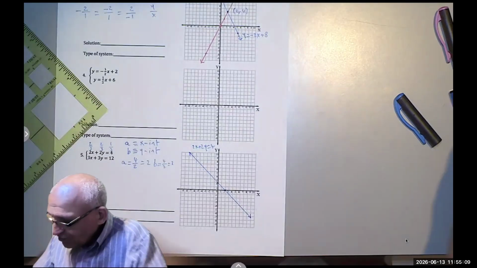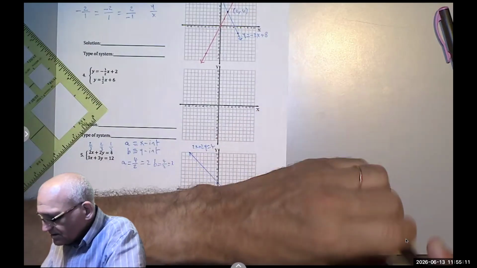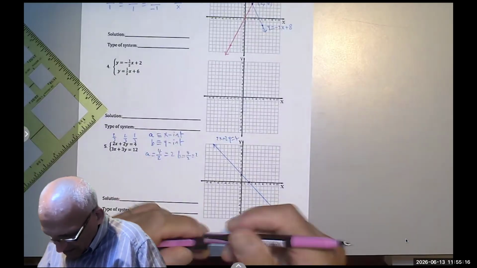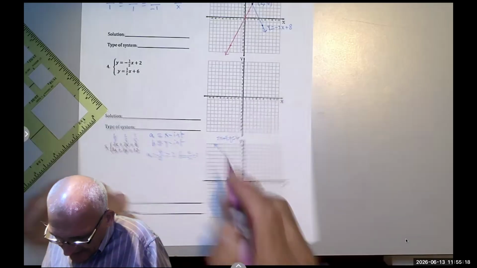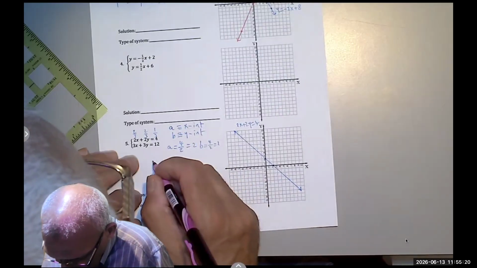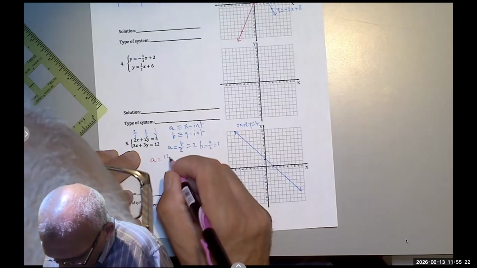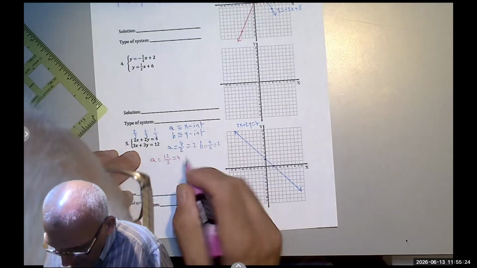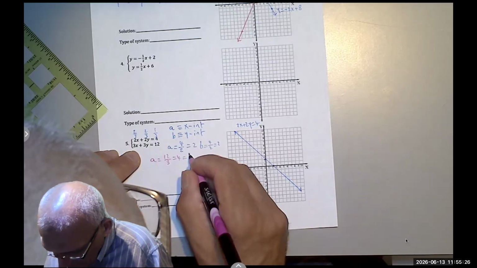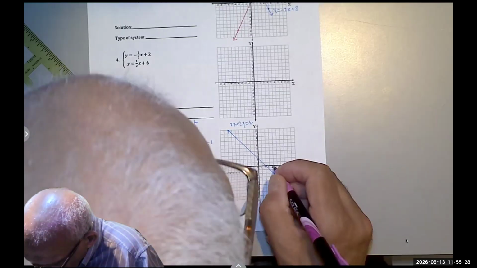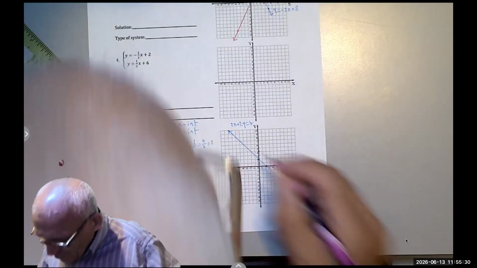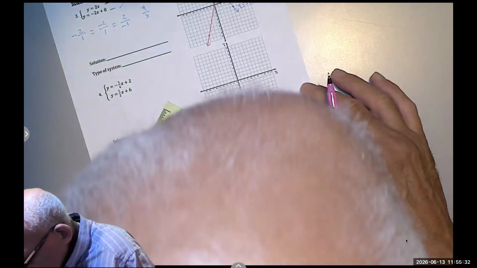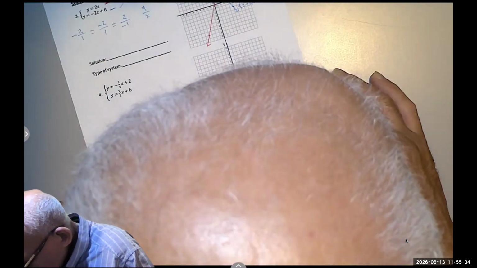Now, if I want to use another color, say this purple one, for the second one, A equals 12 over 3, which is 4, and B is also 12 over 3, which is 4. So I have a point here and a point here, and you can see that these two lines are parallel.